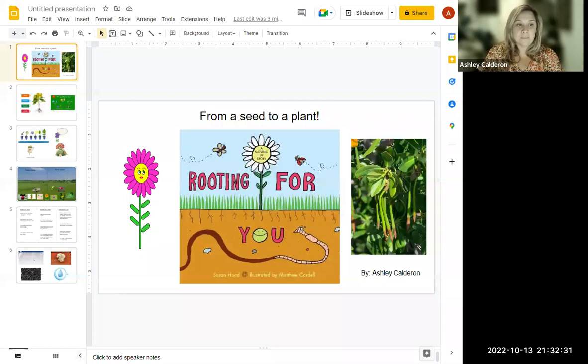So I did put some pictures on here, and as you can see, this fake plant has a mouth, eyes, eyebrows. It has a face, right? Most obviously, real plants are not going to have a mouth, eyes, eyebrows, anything like that. This is a picture of a real plant.